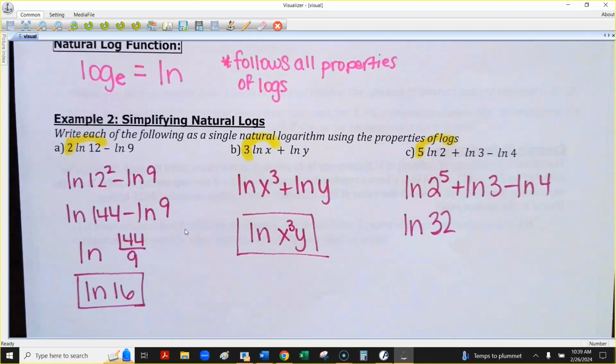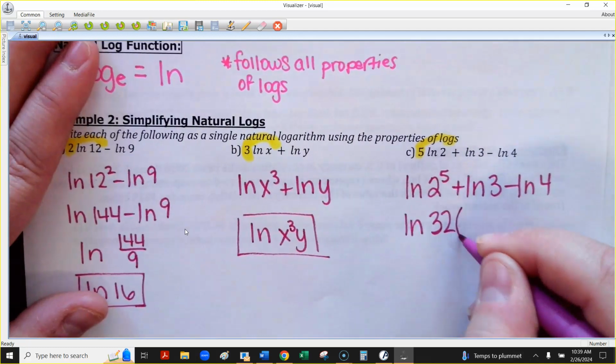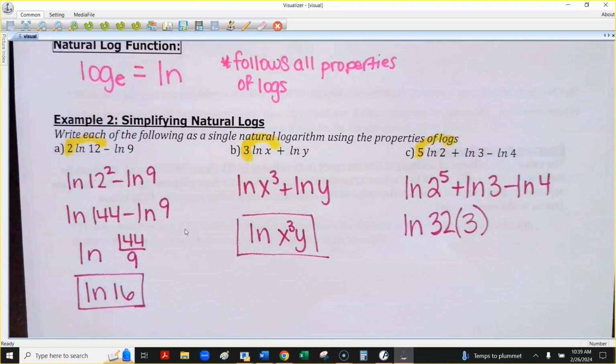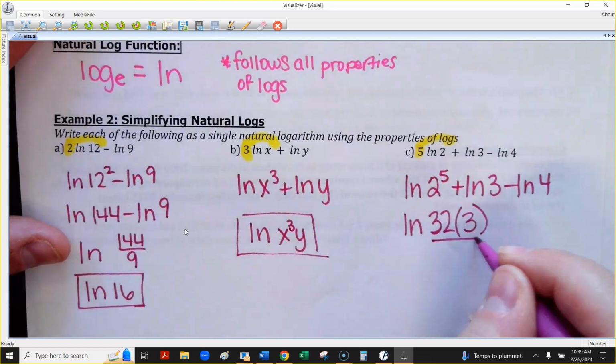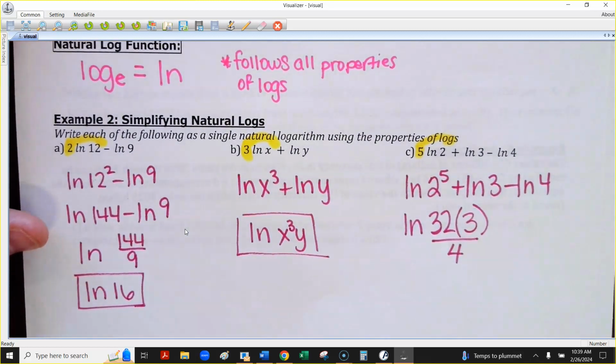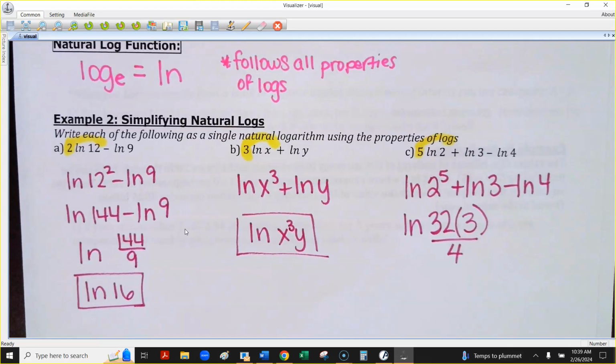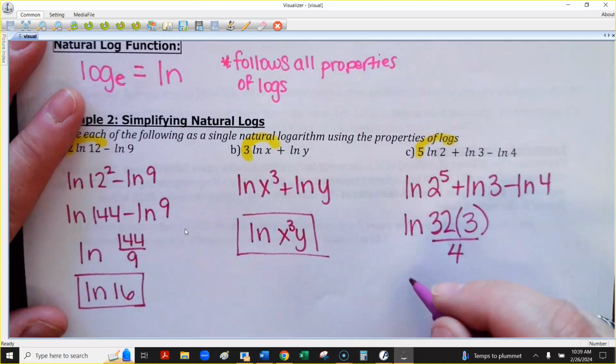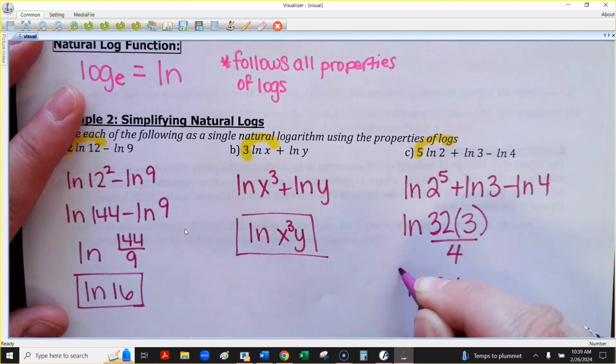So I'm going to do 32 plus in between is going to turn into multiplication. So it would be 32 times 3, and then I have minus the natural log of 4, so then I would divide that by 4. I'm just going to do 32 times 3, and then I'm going to divide that by 4. So all simplified here, this would be natural log of 24.